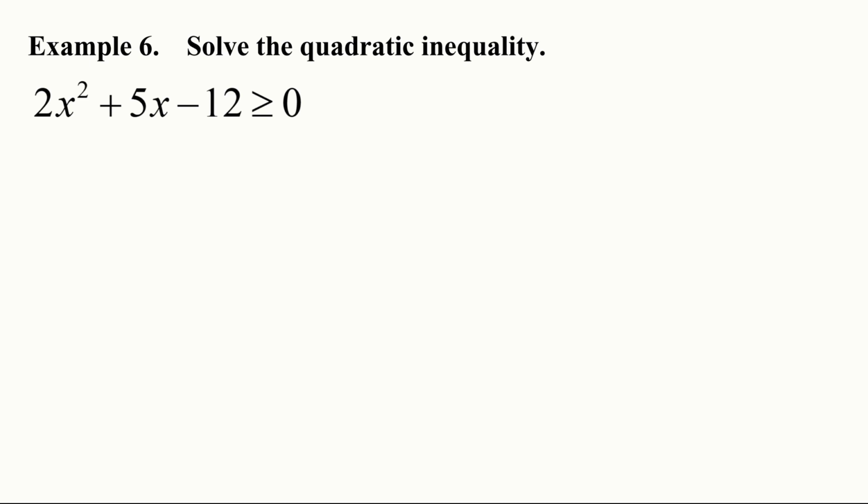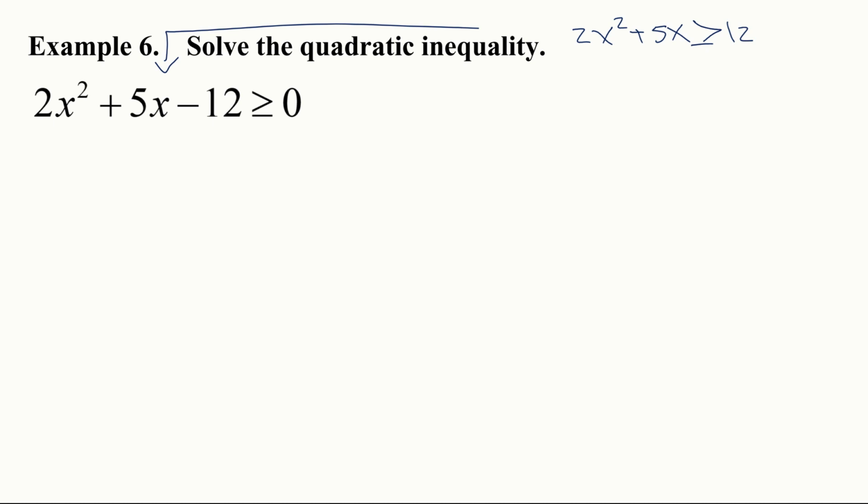All right, so now remember, everything is on one side already. For example, you may have seen this problem like this. They may have given it to you as 2x squared plus 5x is greater than or equal to 12. Then you would have first turned it into this. In other words, the first thing you want to do is get everything on one side and 0 on the other side, right?